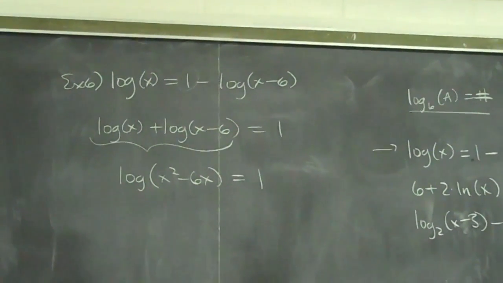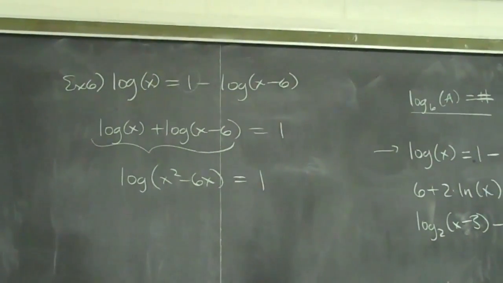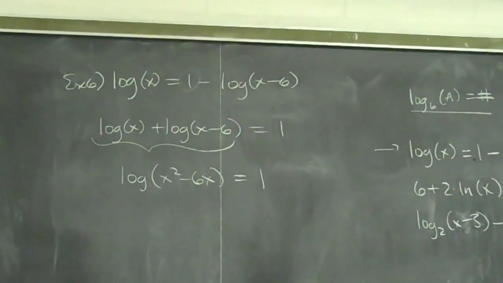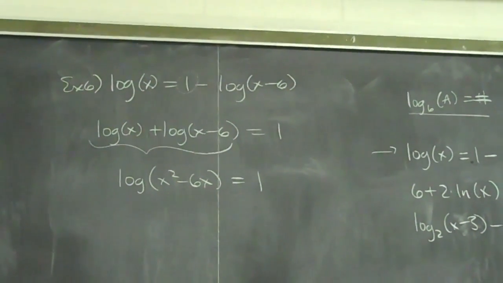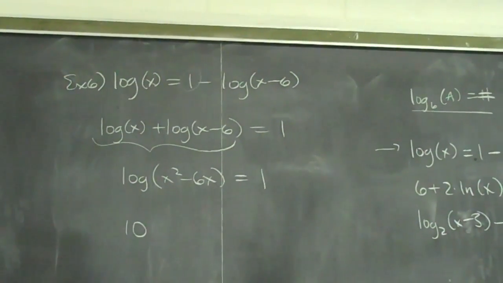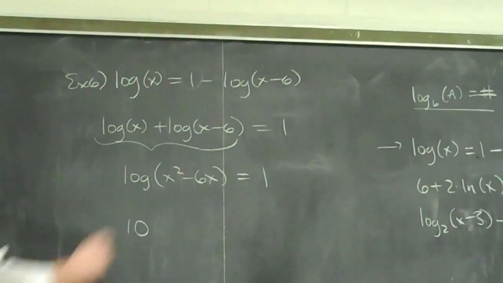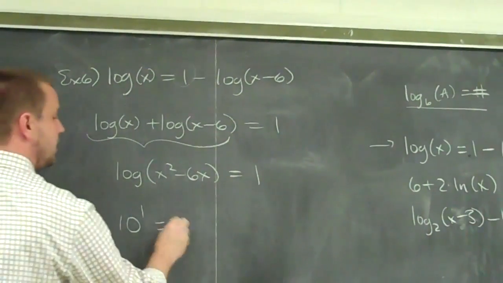Right now we have log equals number. And when it's log equals number, you go exponential form, starting with your base. What is my base? My unwritten base is base 10. So this is 10 raised to what power? My 1 is my exponent equals the x squared minus 6x.